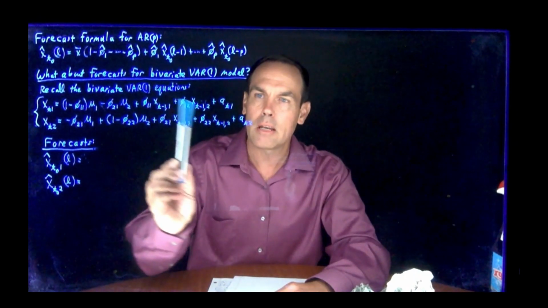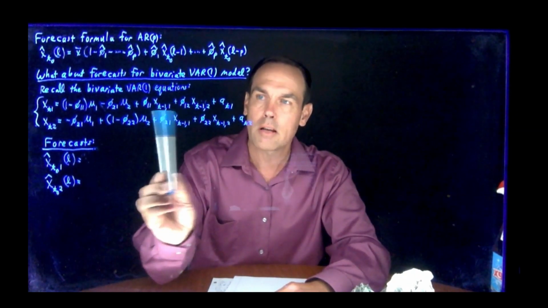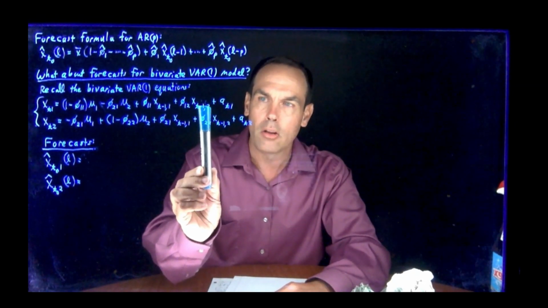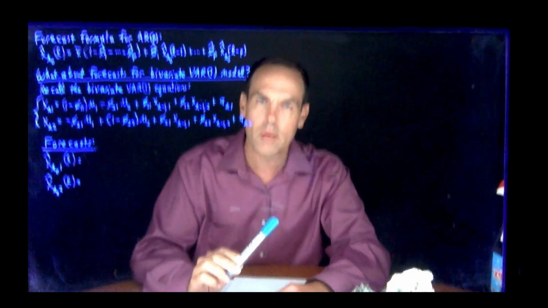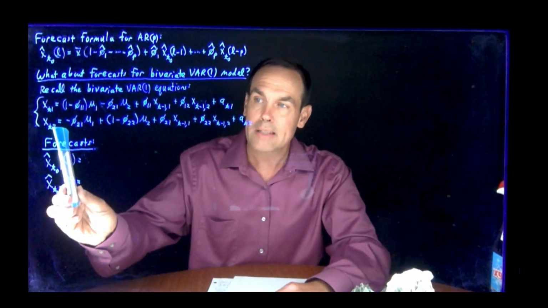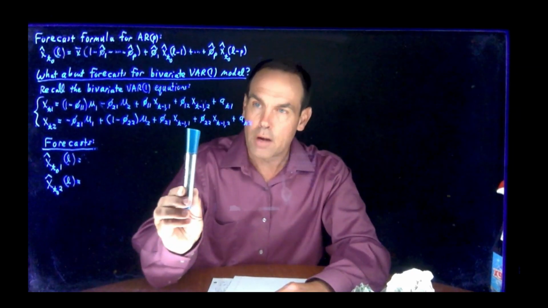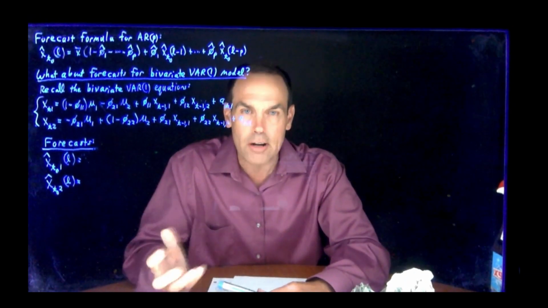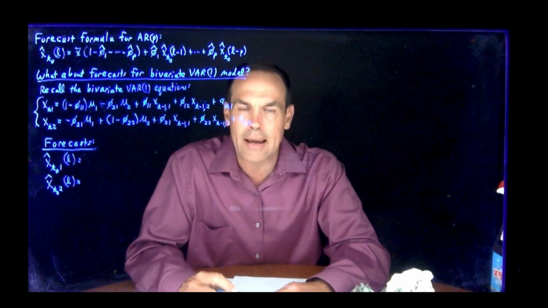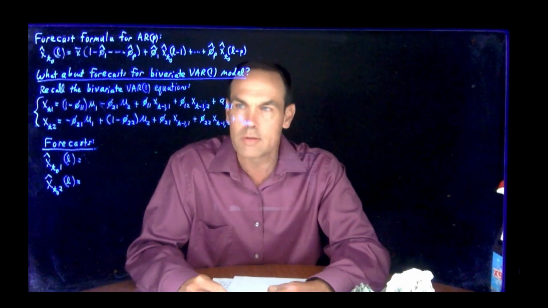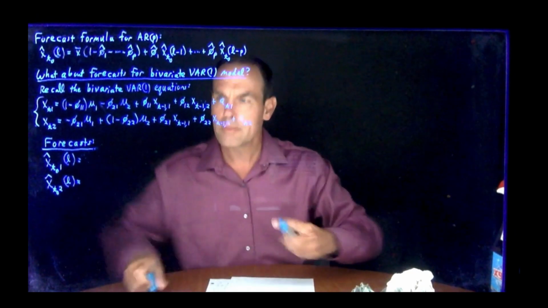It brings in information, there is variable 1, but it also brings in the information about variable 2 and looks at it one lag time point ago. Same thing for variable 2. For variable 2, the forecast depends on both variable 1 and variable 2. And that's the strength of the VAR models and the reason that it can provide more information than just a univariate model. So let's look at the forecast.